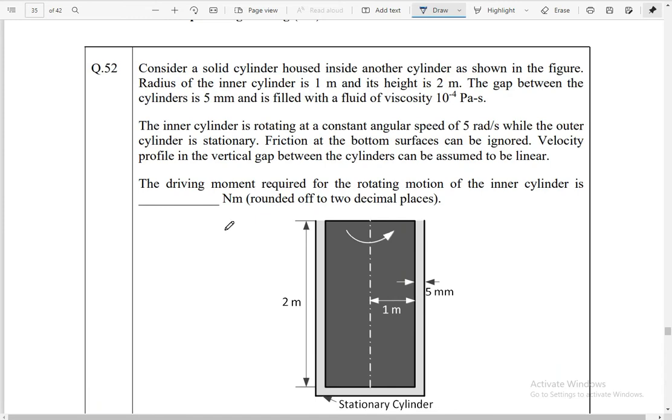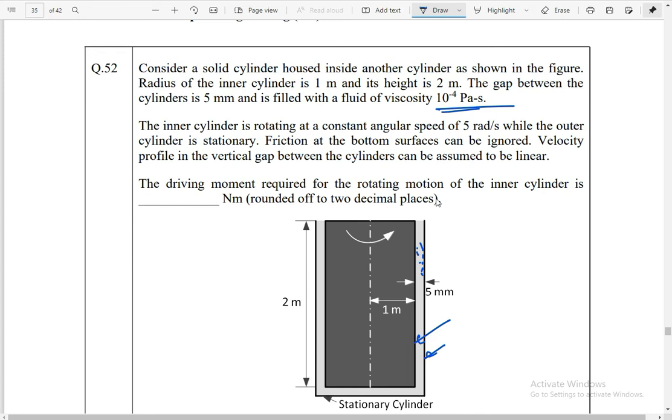consider a solid cylinder housed inside another cylinder as shown in the figure. Okay. This is the big cylinder and this one is the small cylinder. In between here is the gap, okay, and here is some liquid fluid, and this fluid's viscosity is 10 to the power minus 4 Pascal second. Dimensions are there.